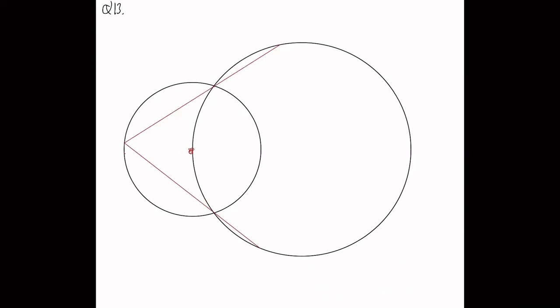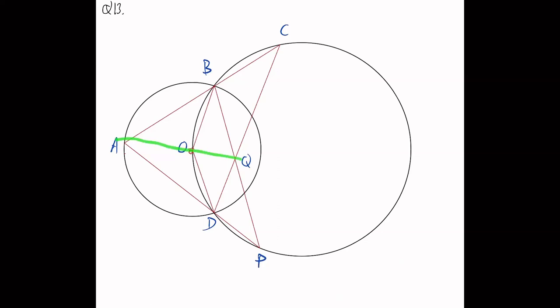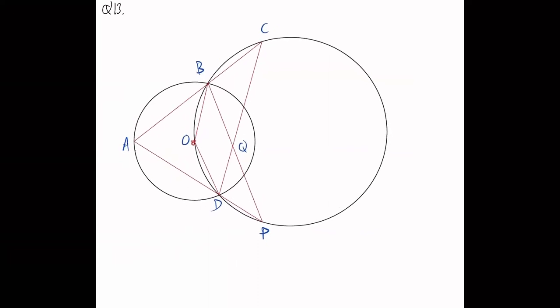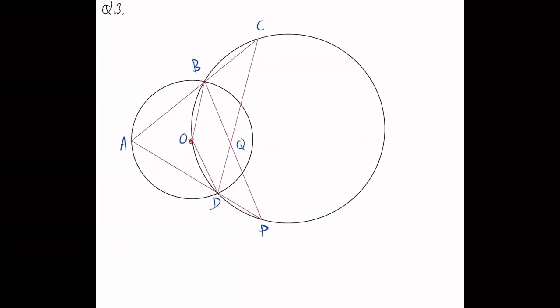And then you can link here to here, there to there. Is there anything else? No, okay, then just label the points: point A, point O, point D, point Q, point P. The A, O, Q should be aligned. Let me just tilt it around to make it look nice. Okay, good.